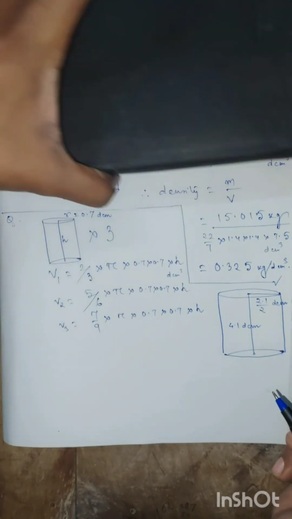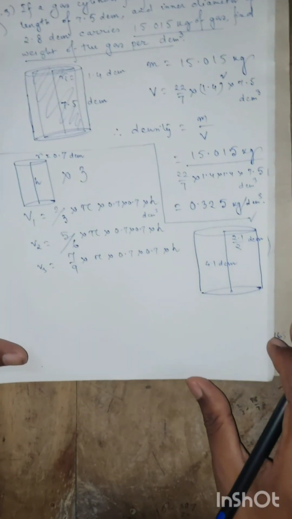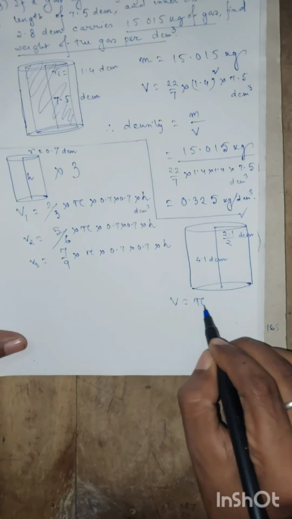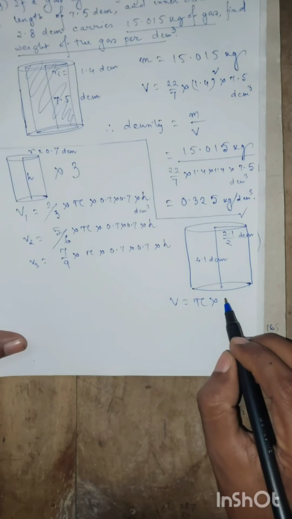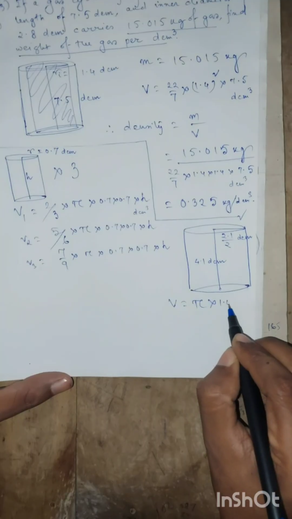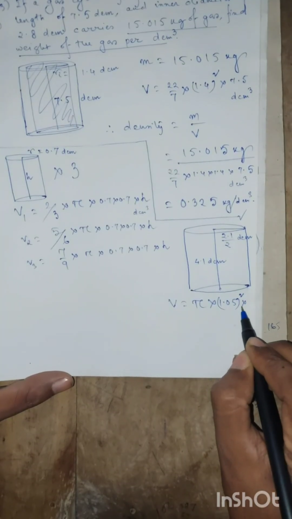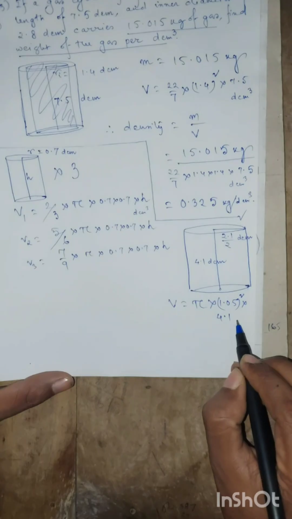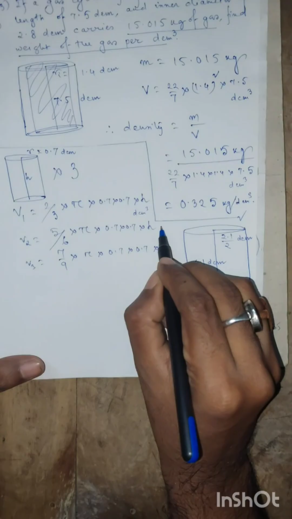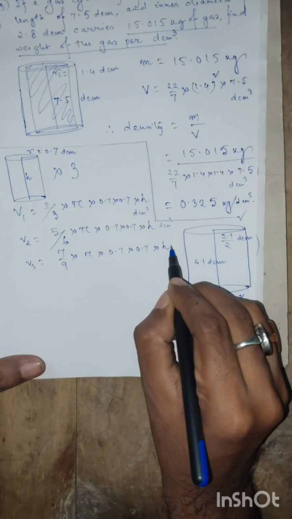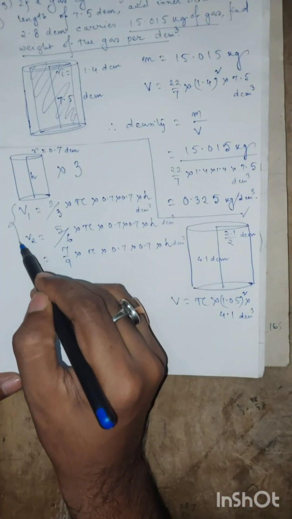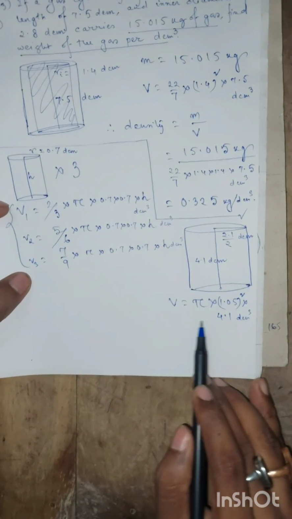So let us write the volume of the bigger jar, which is equal to V. So pi into 1.05 whole square into 4.1 dcm cube. All these volumes are in dcm cube. So this combined volume should be equal to this volume.